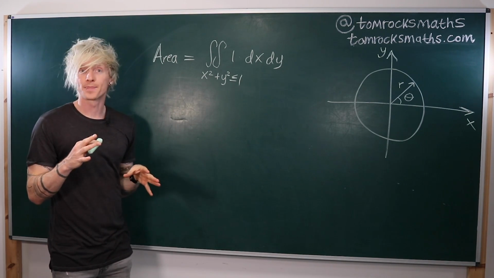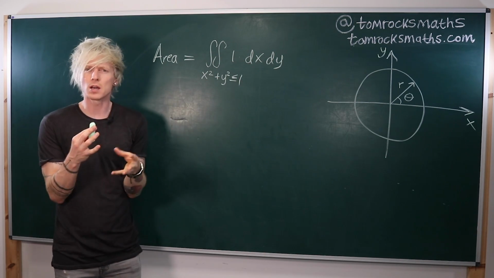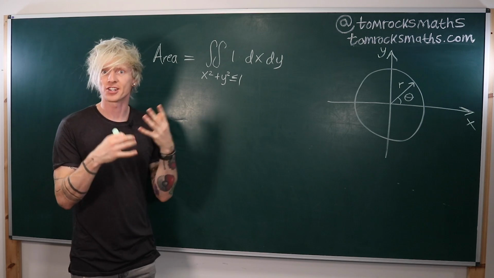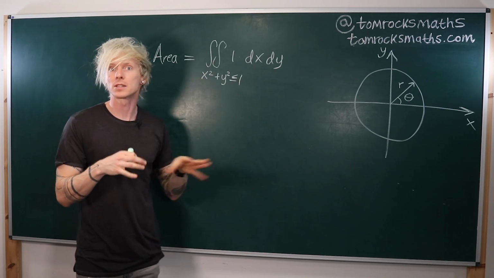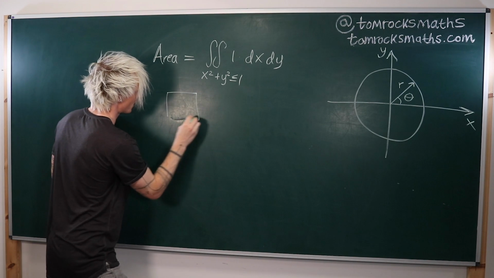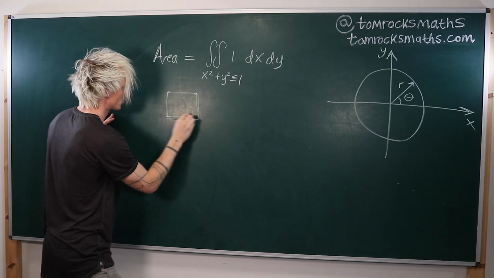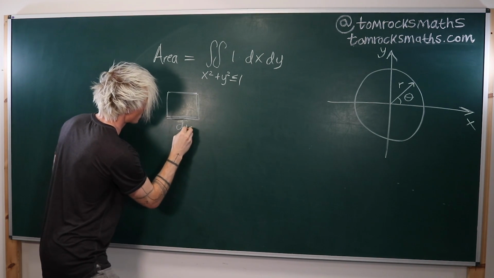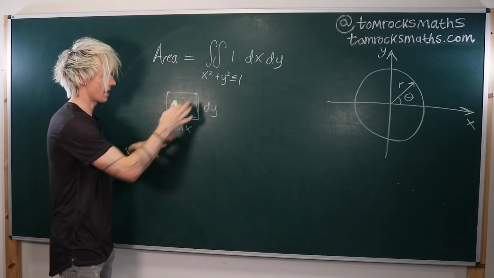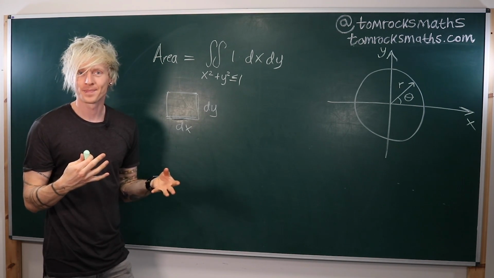In this formula, the dx dy term represents a small piece of the area of our shape, just like in my previous diagram. So here, what we're doing is dividing up the circle, just as I did before, into these small rectangular pieces of width dx and of height dy.